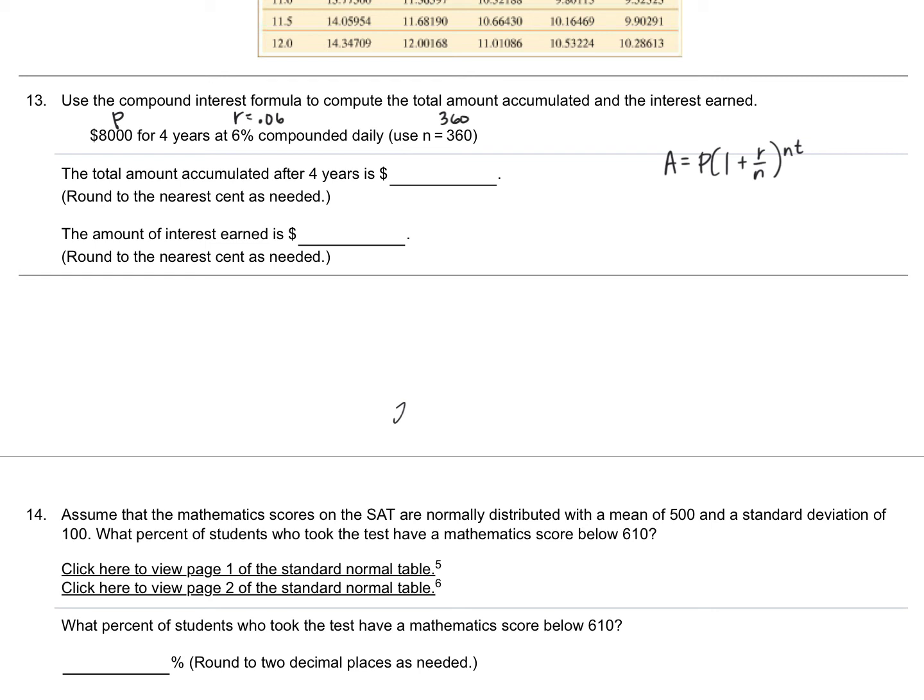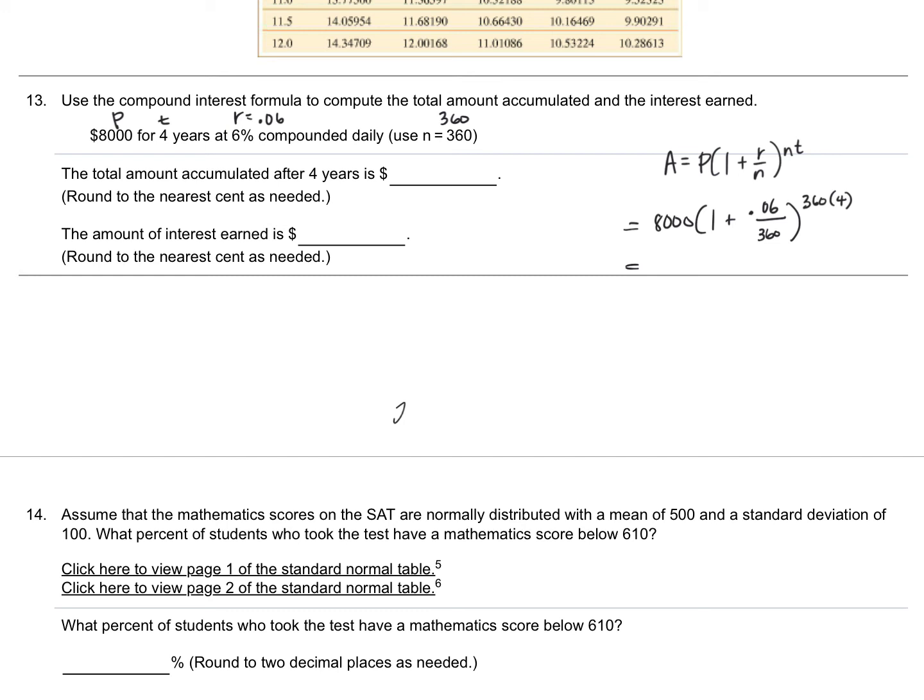And t is 4. So we would just plug that in the formula or in the calculator, whichever way you want to do it, and then see what you get.